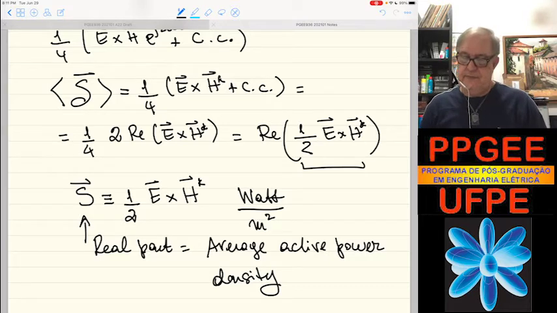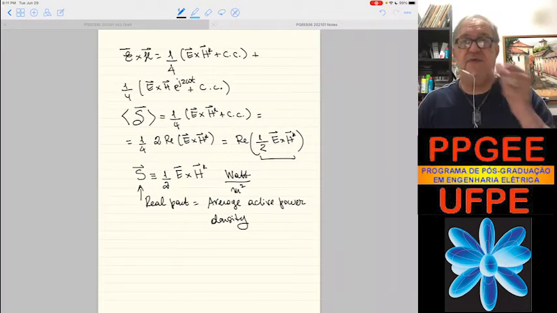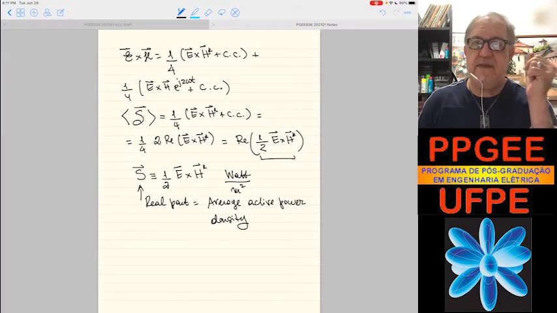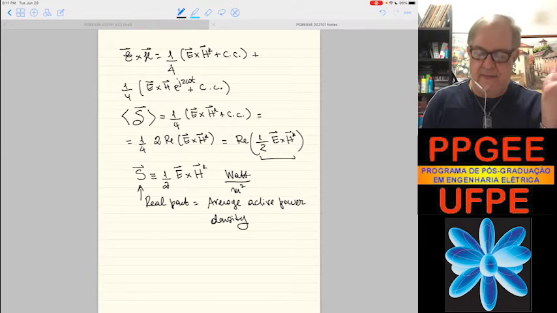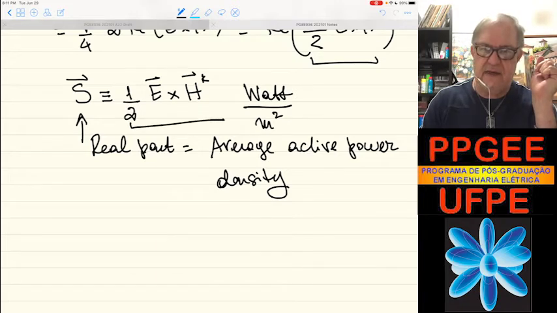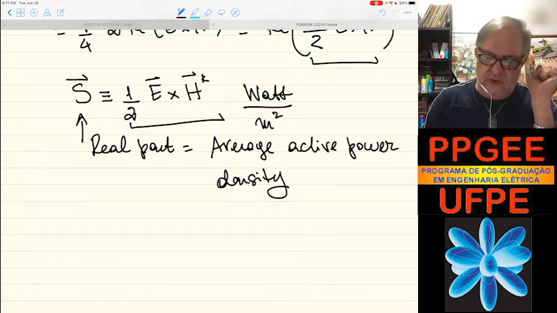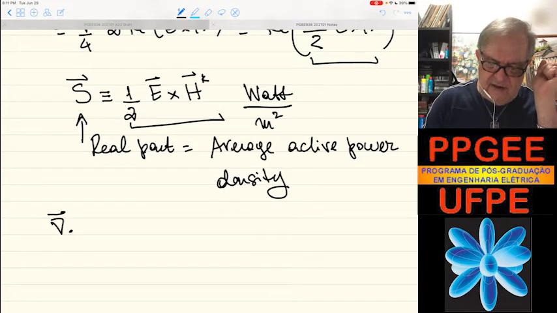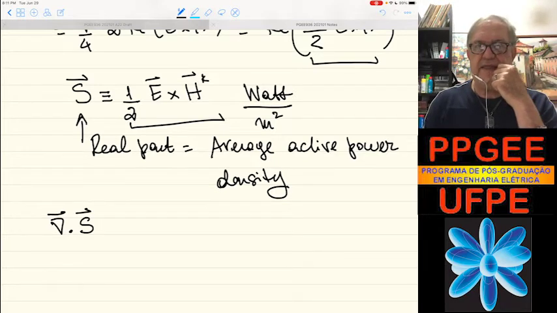So let's derive the complex Poynting's theorem, right? So what we are going to do, the quantity of interest is this quantity here, okay? So what we want to do is to calculate the divergence of the complex Poynting vector and expand that.